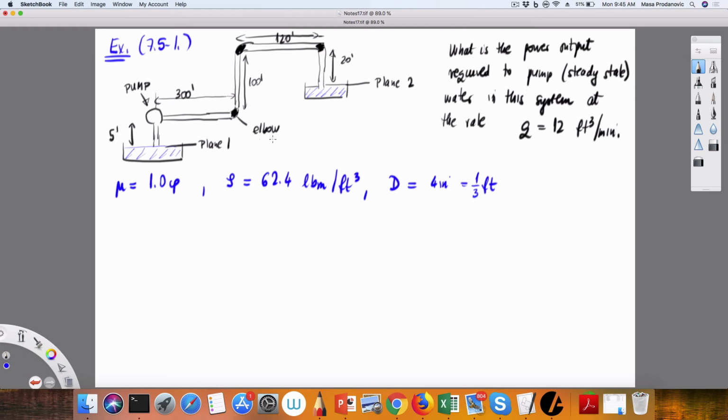And pressure at both plane 1 and 2 is atmospheric pressure. What is the total difference in elevation? It's 5 plus 100 minus 20.